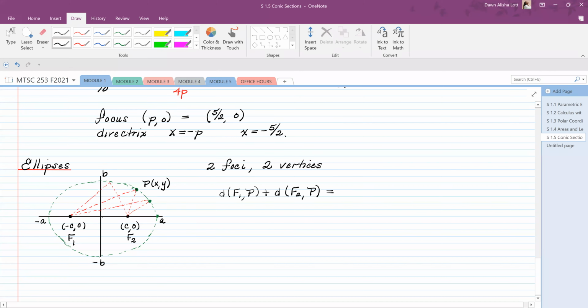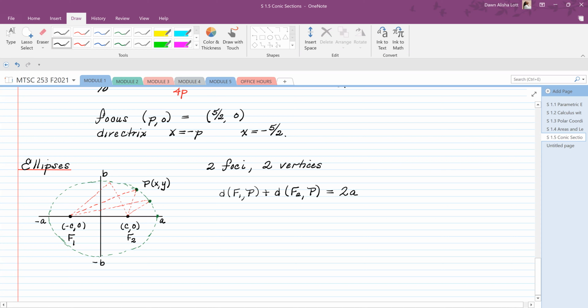Stretching it from here and back is the same as stretching it here, so I need this to equal 2 times that length, which is 2a.